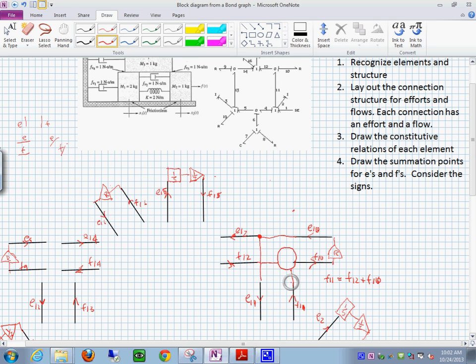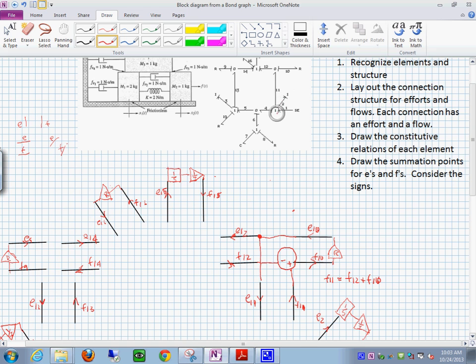But the way this block diagram is written, the output is like F10 and like F12 and F10 come in. So using this equation, we can conclude that F sub 10 is F11 minus F12. So this would be a plus, and this would be a minus sign. Okay, so that's for this one.